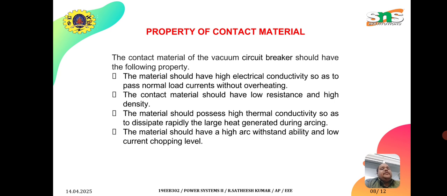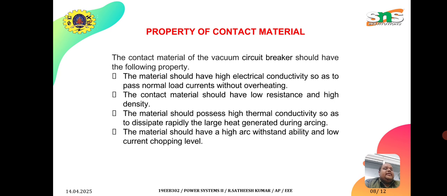So these are all the properties of contact material. As we said already, because of the high voltage operations, we should select the fixed and moving contact material carefully. The material should have high electrical conductivity so as to pass the normal load currents without overheating.